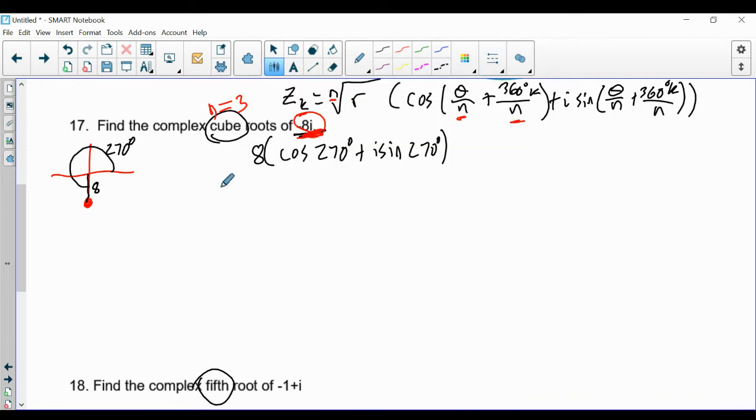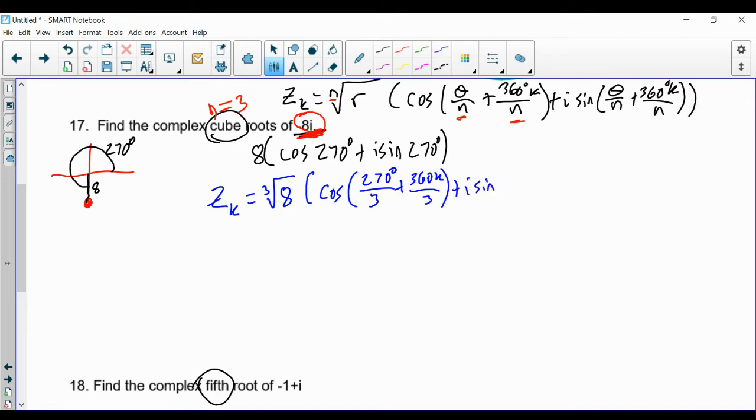Okay, so at this point, we're ready to use De Moivre's theorem. So I'm going to leave k alone for right now. I like to simplify first and then do my k's afterwards. I feel like it's quicker. So I'm going to do the cube root of 8, which, hey, that simplifies. And then cosine of 270 divided by 3 plus 360k divided by 3 plus i sine of the exact same thing. Okay, so a lot of writing, but we just keep writing the same things over and over again.